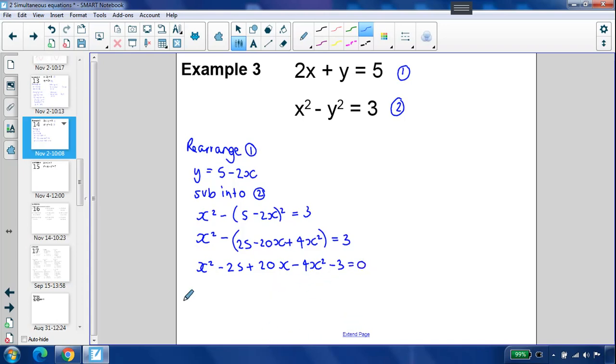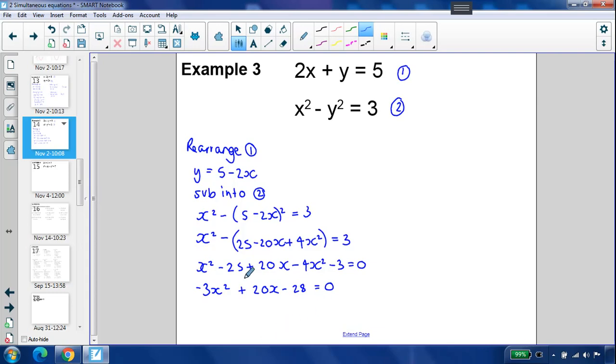Now I'm going to collect the x squareds together, so I'll have minus 3x squared. Then I've got a minus 25 and a minus 3, which is going to be minus 28, and I'll put that over here for the time being because I've got the x term, so plus 20x, I'll write that here because it's way over there, is equal to 0.